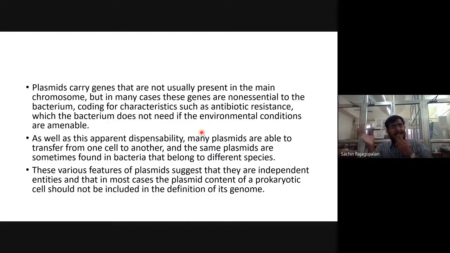Plasmids normally code for characteristics like antibiotic resistance, degradation abilities, and obviously that is going to be only when the bacteria has to survive in such an environmental condition जहां पर उसको ये फेस करना पड़ेगा, तभी ही वो प्लाज्मिड मेंटेन करने का मेहनत लेंगे. वरना क्यों एनर्जी खर्चा करेंगे प्लाज्मिड का कॉपी बनाने में.